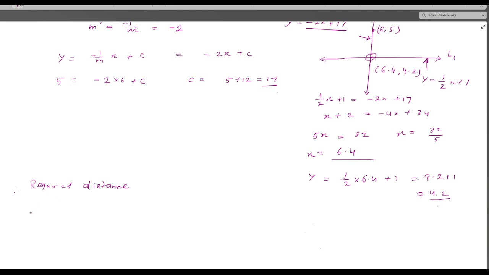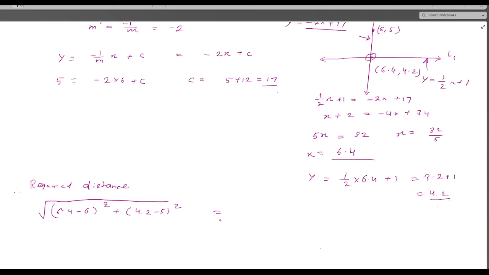And therefore, for the required distance you will use the distance formula: the square root of (6.4 - 6) squared plus (4.2 - 4) squared. 6.4 minus 6 is 0.4, so 0.4 squared plus 0.2 squared, and then I take the square root of the whole thing.